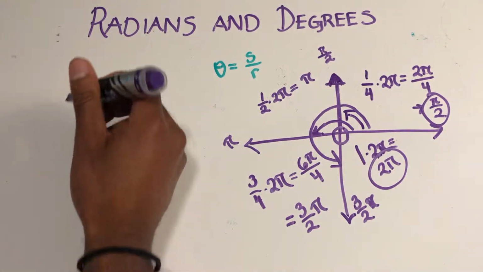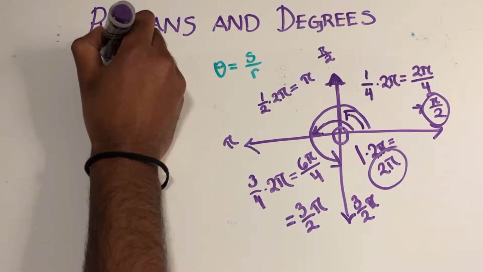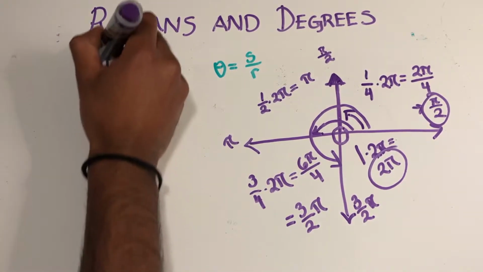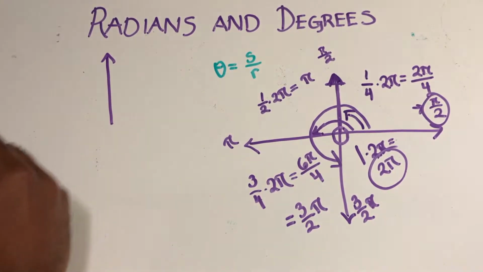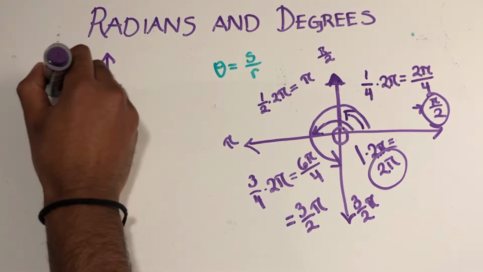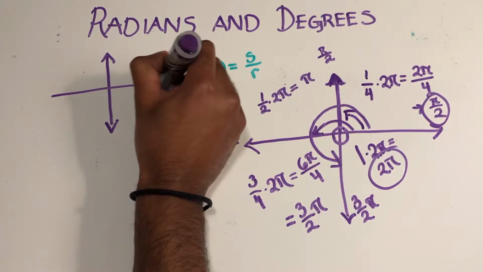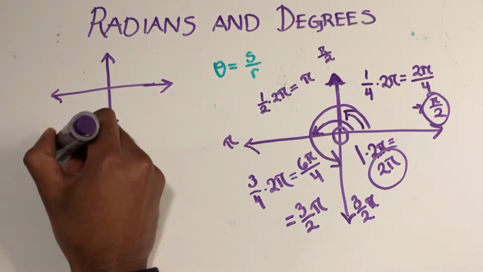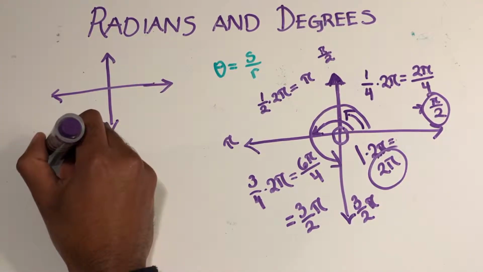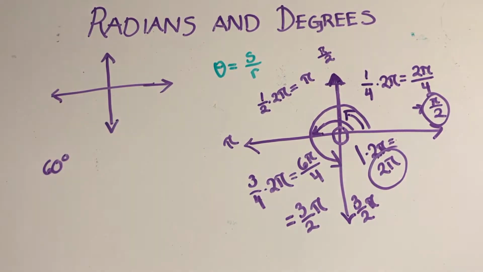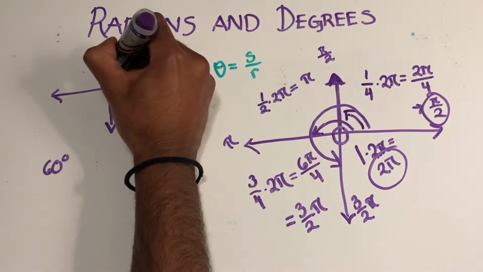For instance, say you have this graph right here. Say you're given an angle, let's say 60 degrees. So you're given 60 degrees, which lies somewhere here.